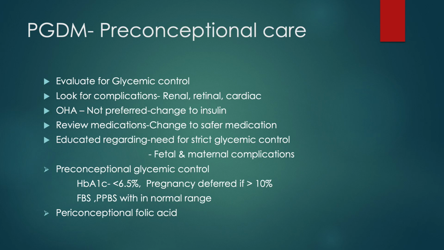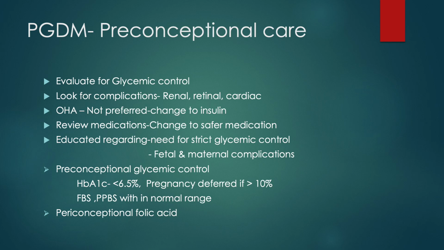Since they are put on insulin, they should be taught self-injection of insulin, its storage, and self-monitoring of blood glucose level. And you have to check the preconception glycemic control by fasting, postprandial, as well as glycosylated hemoglobin.